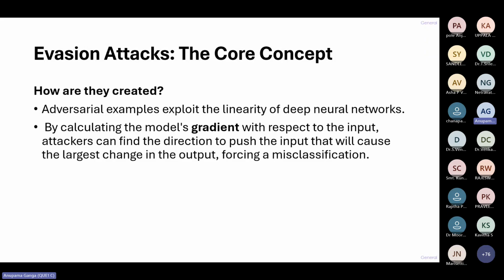The gradient is the slight change that we are introducing into the model. By moving the input slightly, the attackers try to confuse the model, and that way wrong predictions are given by the AI model.